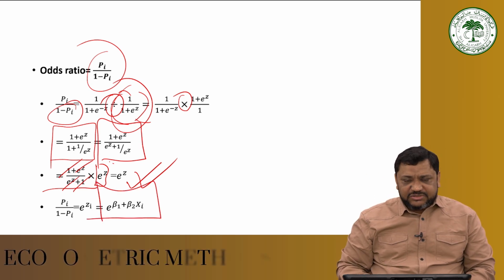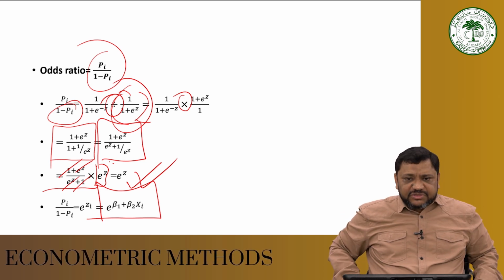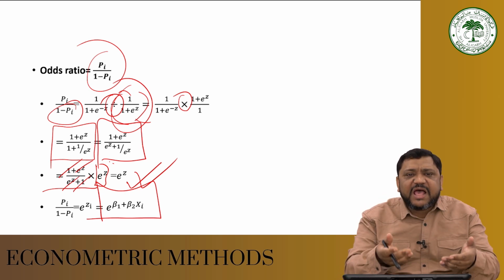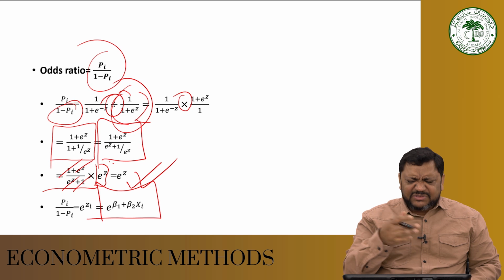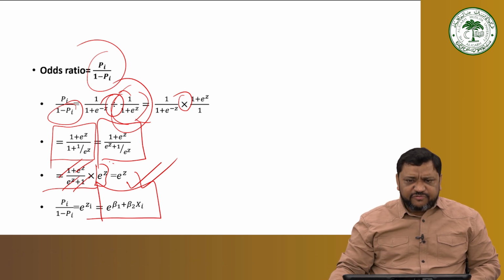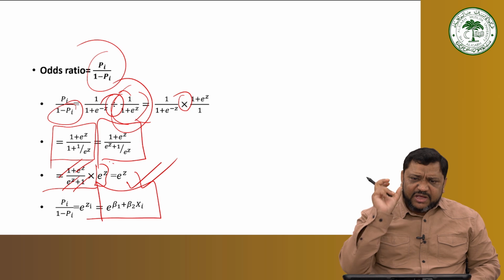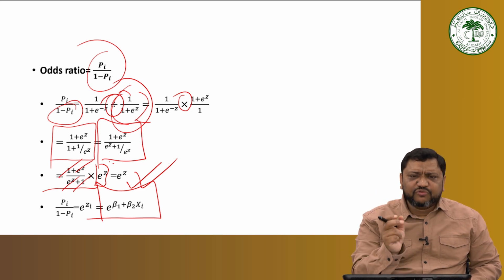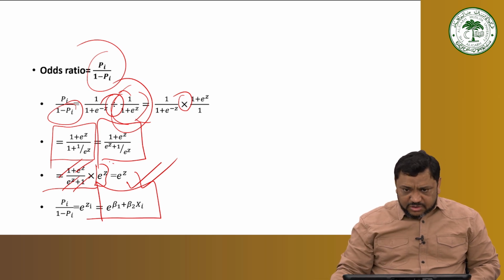This is my odds ratio, and it gives how much in favor, meaning the odds that this thing will happen. So we get a ratio like 4:1. Whatever you find when you divide pi by 1 minus pi, if the number is 4, it means the odds are 4:1 that that person will have a car.